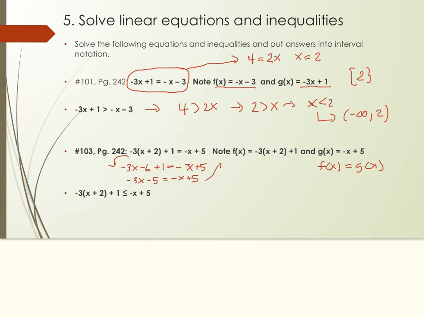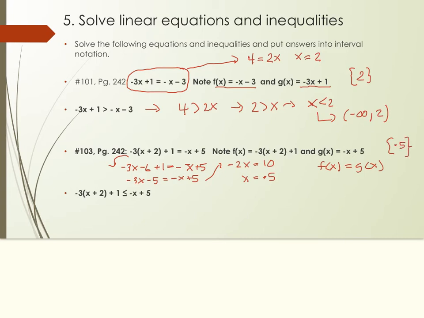When I do that, I get negative 2x is equal to 10 when I bring the 5 over to the other side. And now I divide by negative 2, and I get x is equal to negative 5. So our solution for the first one in set notation is just negative 5.